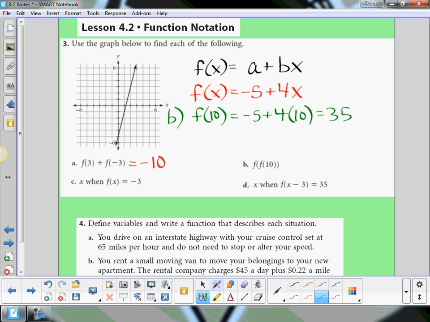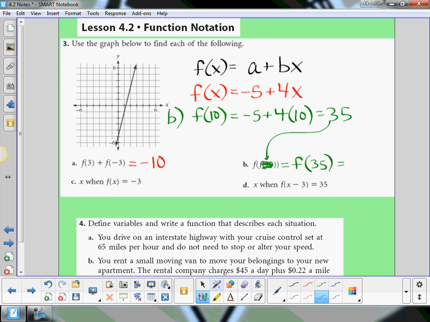Find f of 10, we just did. So now we know that this f of 10 on the inside equals what? 35. So find f of that answer. So you evaluate f of 10, get an answer, and then evaluate f of that number, f of 35.